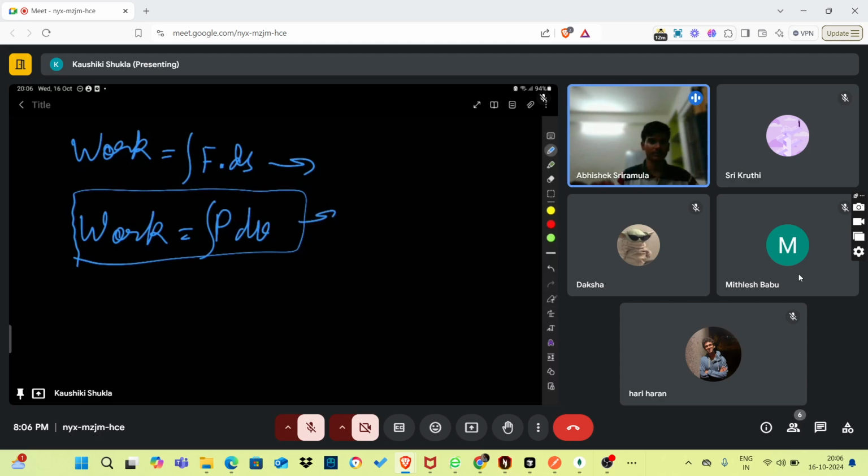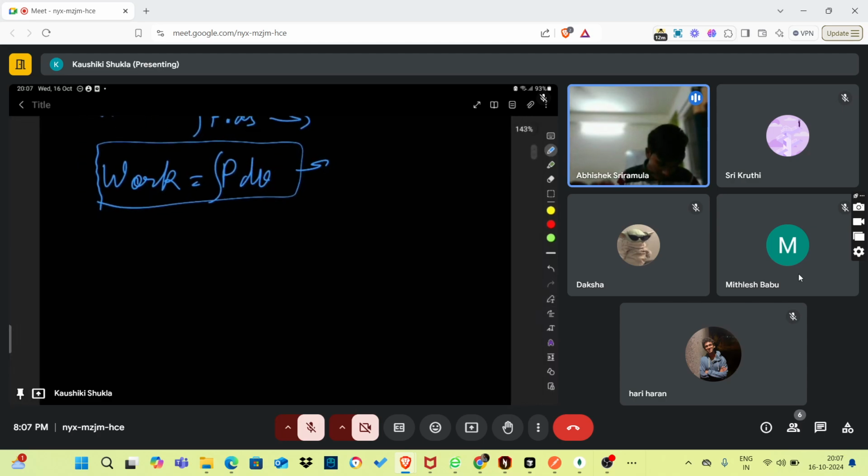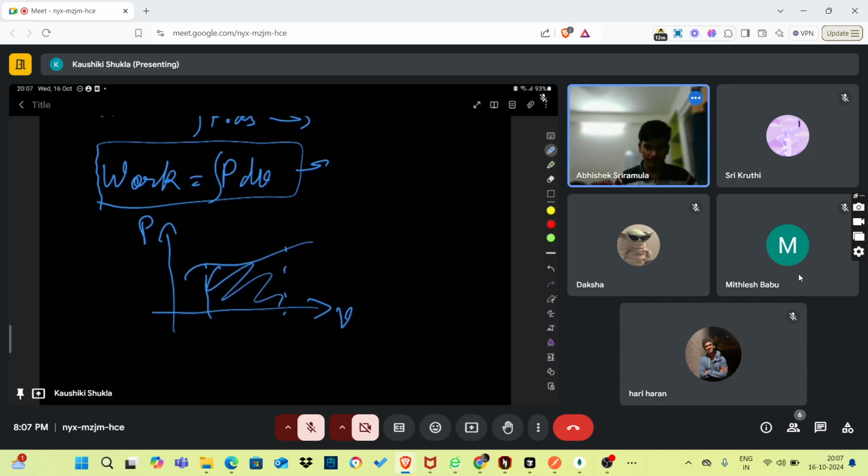For a graph plotted between P and V, like an isotherm, or any arbitrary graph like this, work represents the area under the curve. This is called work.